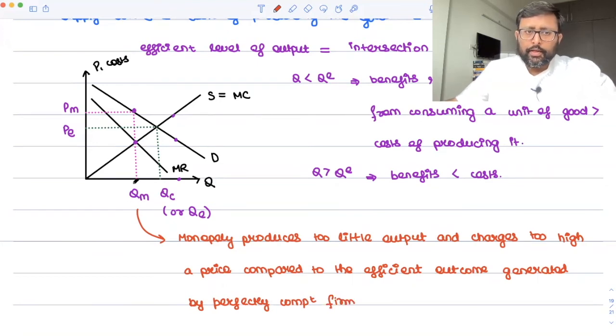You can see this. The output is lesser, price is more, right?